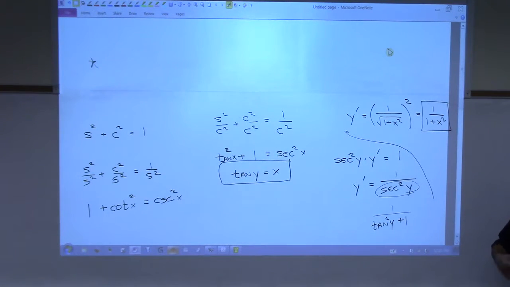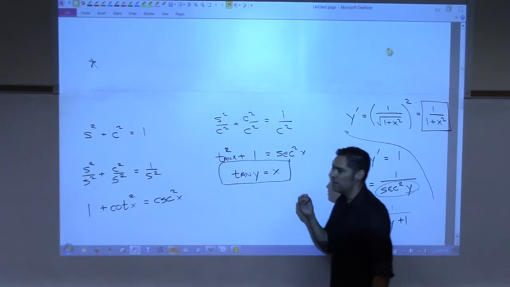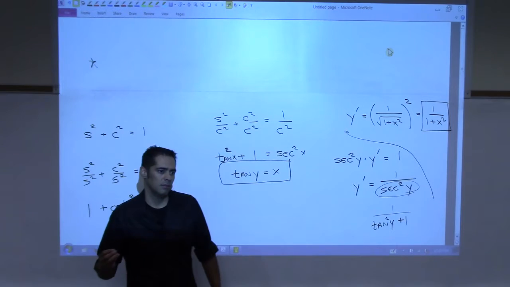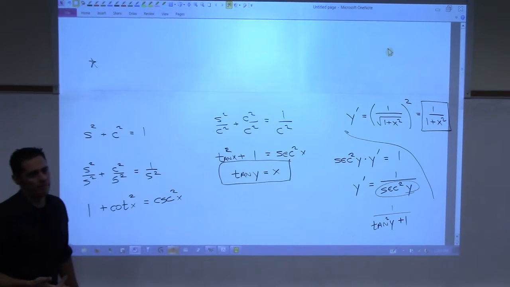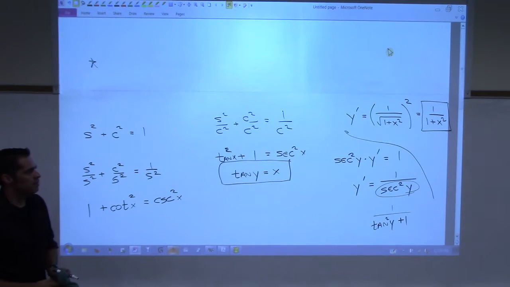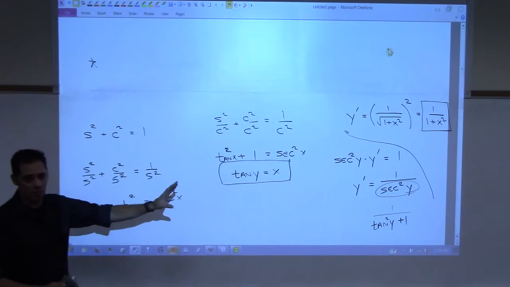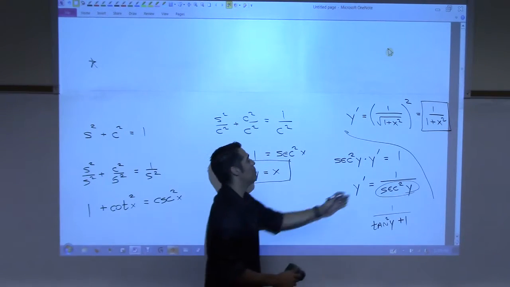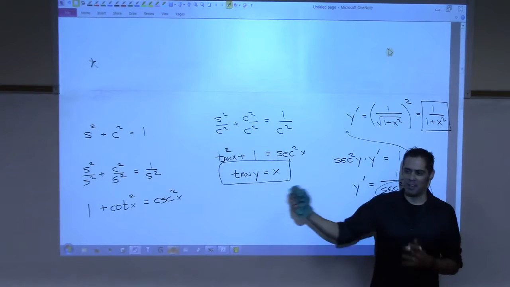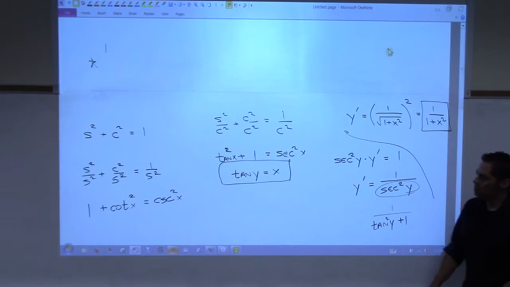Now the reason I didn't do that is because what's valuable here is the reference triangle. Sometimes you can avoid it, but it's a better skill to know how to build the triangle and create any trig function from that than to hope that it's something you have over here that you can get through an identity. That's my opinion.